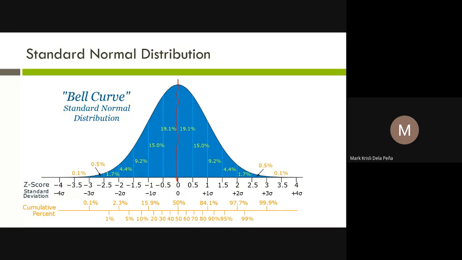Now here are the distributions in terms of percentage. Now from 0 to negative 0.5, we will use the mean as our reference. We have to take note that using z-score, our mean is equivalent to 0.